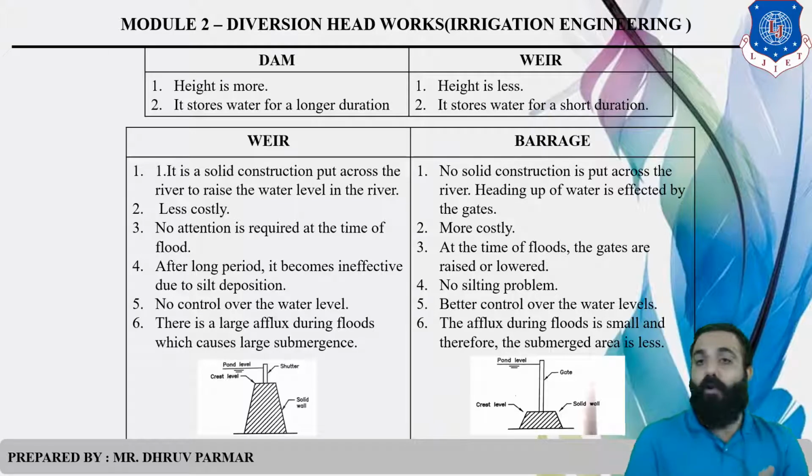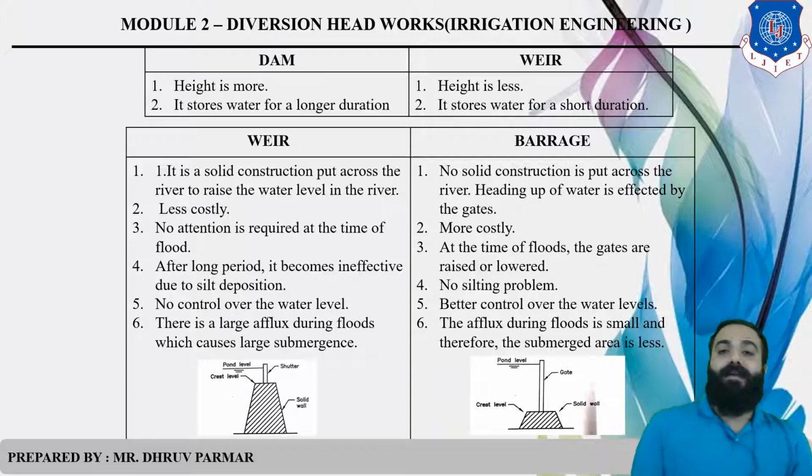But in a barrage there is no solid structure; instead, it provides gates, and all operations are done by the gates. A weir is less costly and a barrage is more costly. In a weir, obviously no attention is required, but in a barrage, attention is required when floods are coming, in the monsoon season.